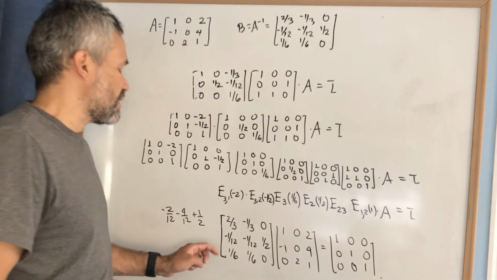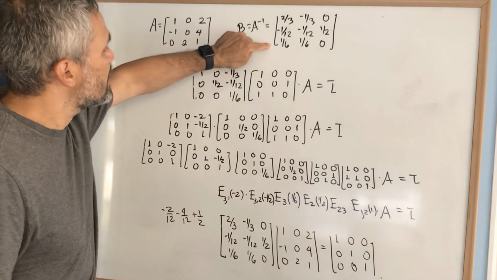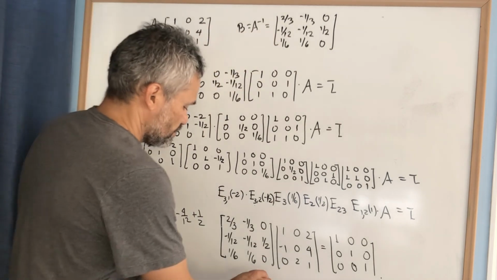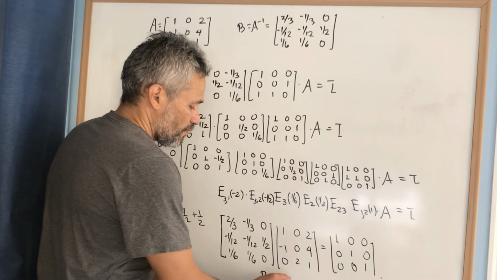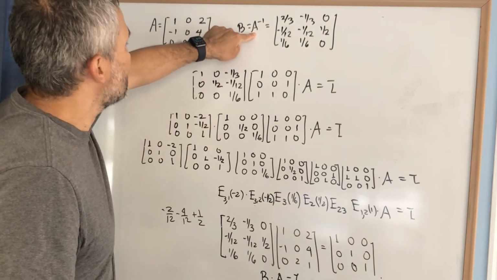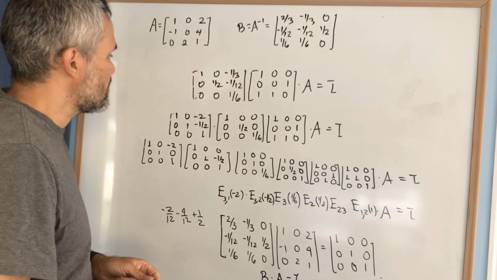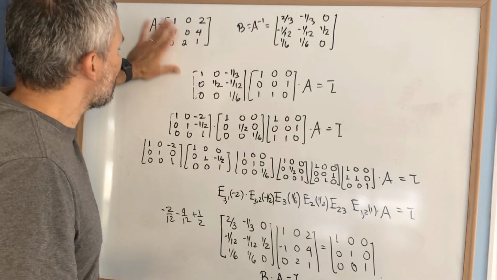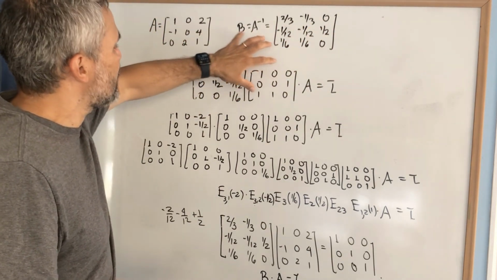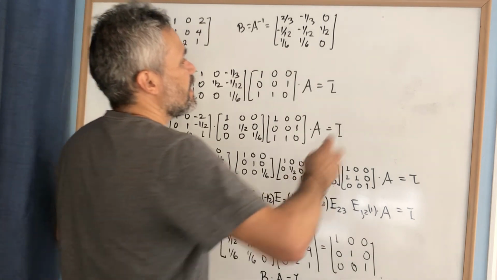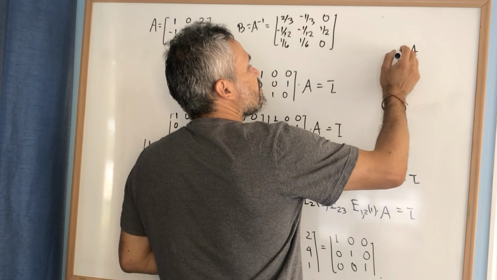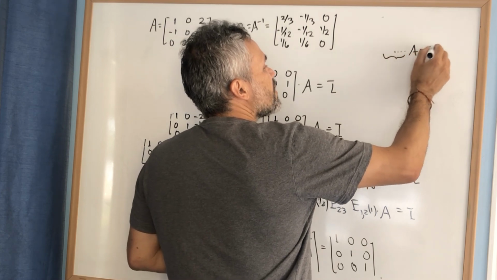Then we have shown that this matrix has the property that B times A is the identity matrix, and for that reason B is the inverse of A. And essentially what we have done is row reduction, but we have kept track of all the elementary matrices, and then at the end we get that A times a bunch of elementary matrices is equal to the identity.